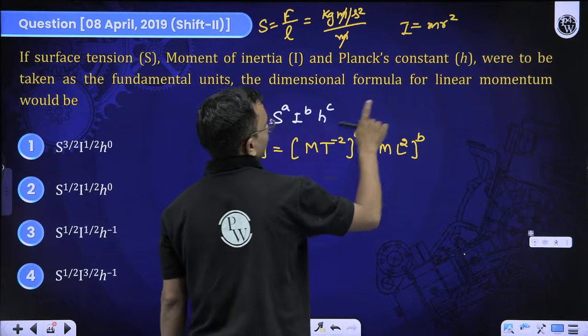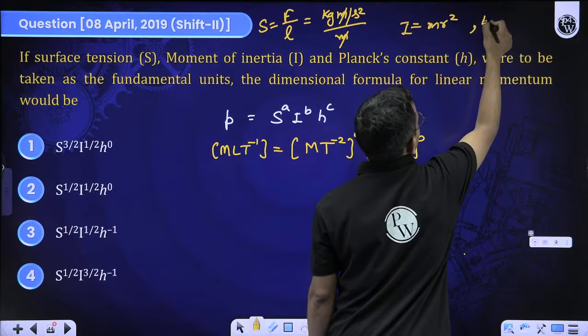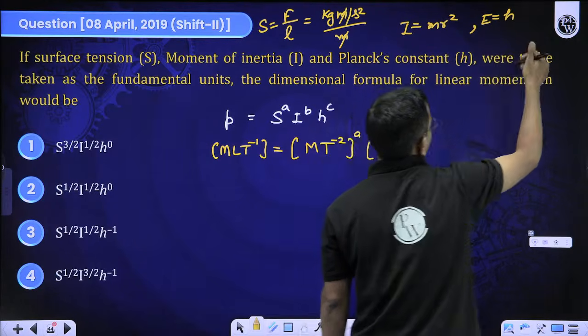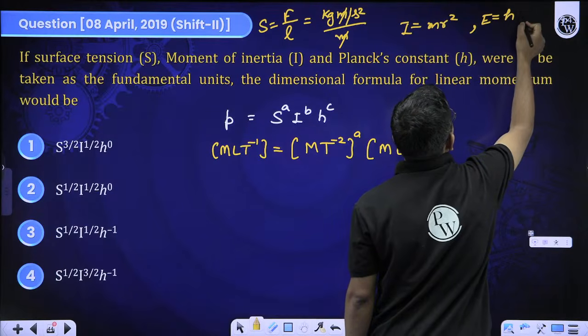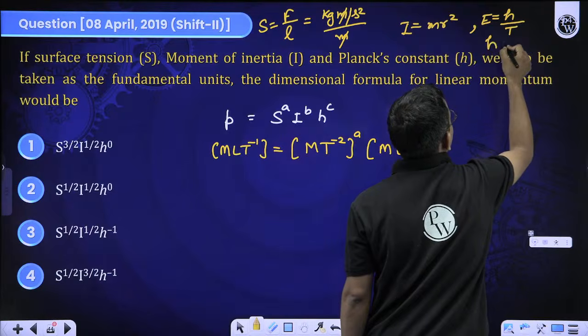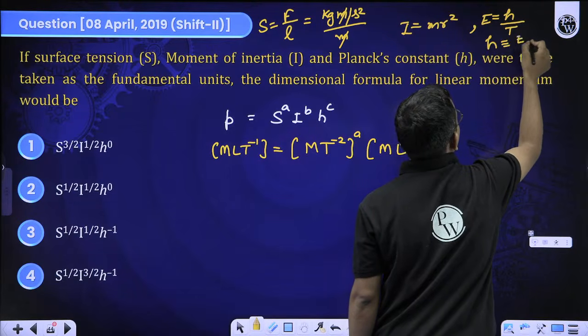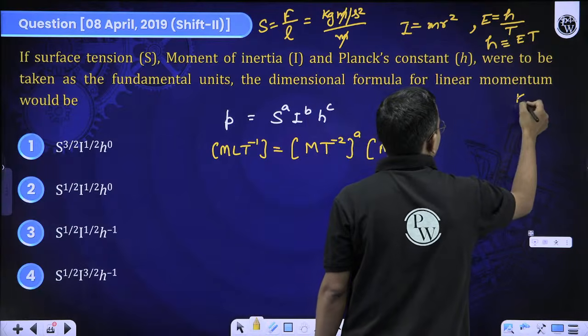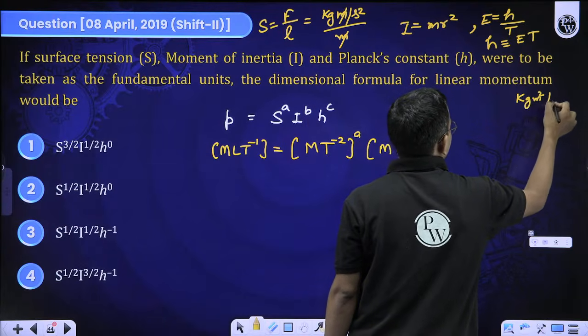Then h is Planck's constant. I know energy is equal to h into frequency. This formula you will learn in 12th, don't worry about that. h into frequency, frequency you can write as 1 by time, so h dimension is the same as energy into time. What is the unit of energy? Kg meter square per second square.